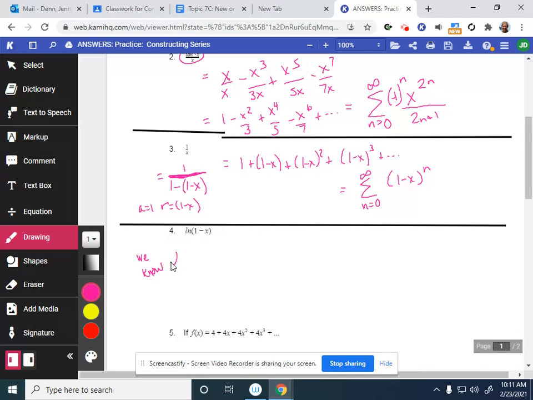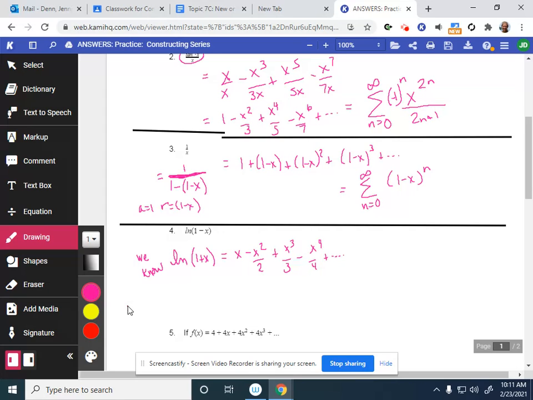We know the series for the natural log of 1 plus x. This is x minus x squared over 2 plus x to the third over 3 minus x to the fourth over 4, and so on.